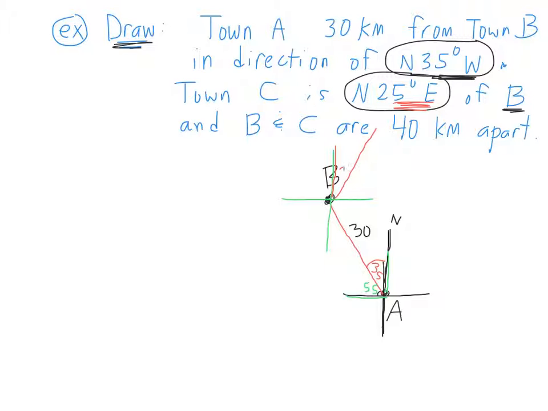So this angle is 25, right in there, okay? And my town C, all right, is, let's call it up here. Sorry, I'm running out of space. Okay. And so we know that, we're told B and C are 40 kilometers apart. So that is 40.